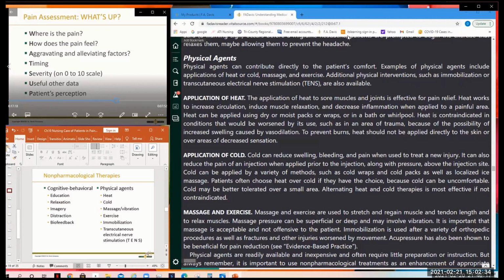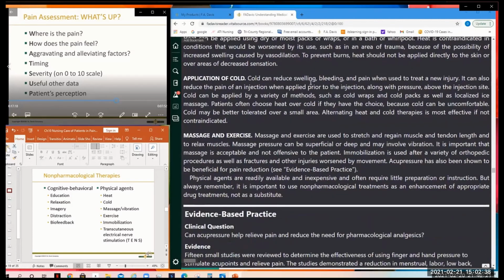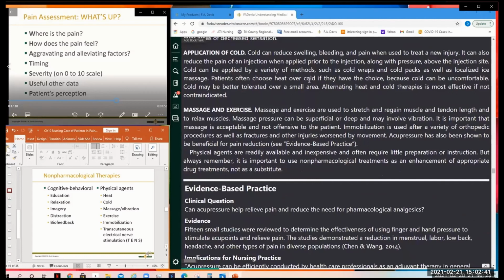Application of cold. Cold can reduce swelling, bleeding, and pain when used to treat a new injury. It can also reduce the pain of an injection when applied prior to the injection, along with pressure above the injection site.